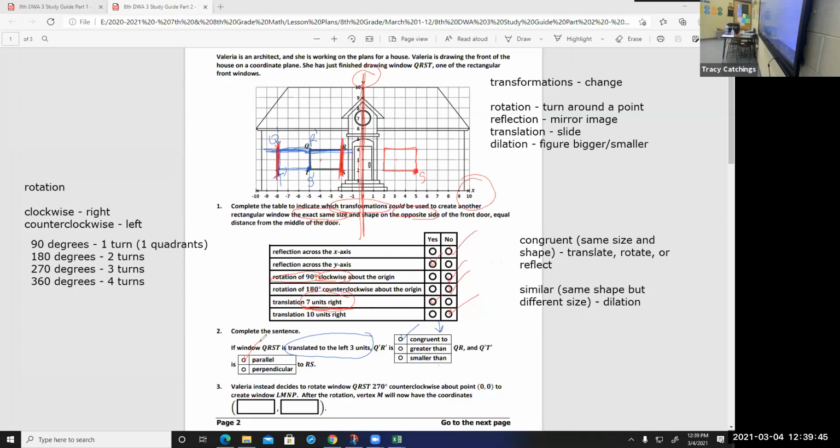It then states Valerie instead decides to rotate QRST 270 degrees counterclockwise about the point 0, 0 to create window LMNP. After the rotation, vertex M would now have what coordinates?